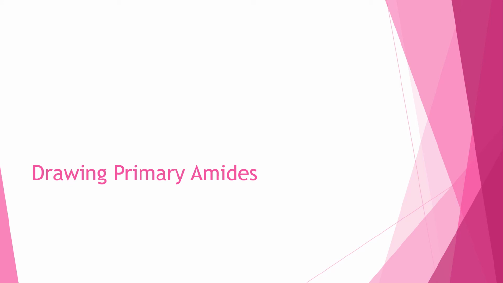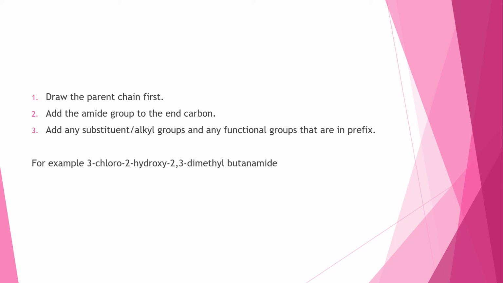Now we're going to try and draw some primary amides. So first of all you draw the parent chain, so in this case it's butanamide, so 1, 2, 3, 4. Put the carbonyl group and the amide group on.